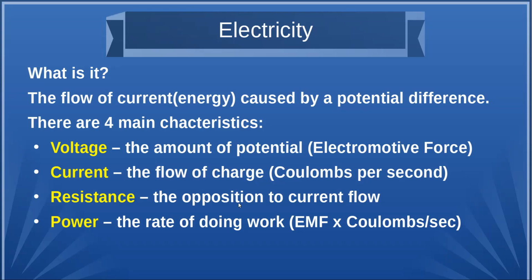Things can have resistance, or opposition to that current flow, because we only have zero resistance at around absolute zero temperature. Everything that's conductive, like your metals, copper, aluminum, silver, gold, will still have some resistance. And then power is the rate of doing work. Those are the four main things we're going to look at.